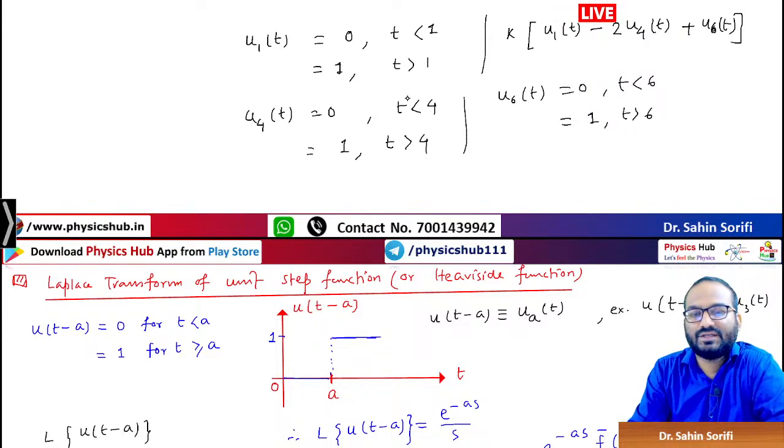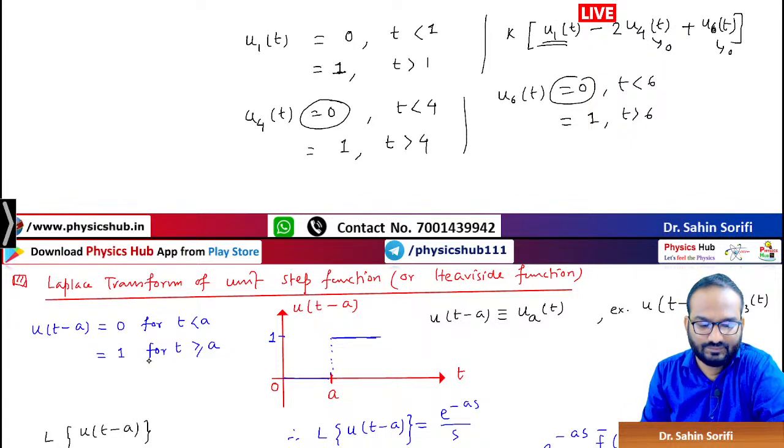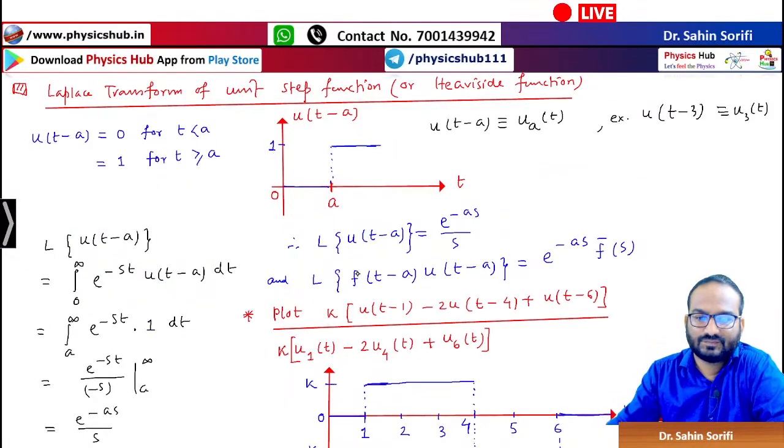So up to t equals to 4, it is 0. So if you put 0 here, what are you left with? Only u1 of t, है ना? So 1 will be written. And that is why it is taking up the value of 1 till t equals to 4.